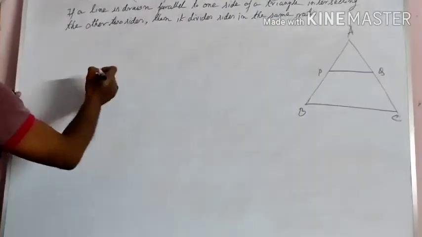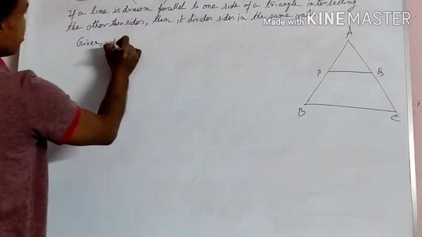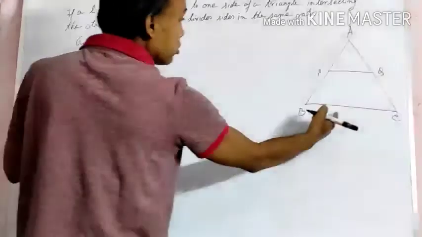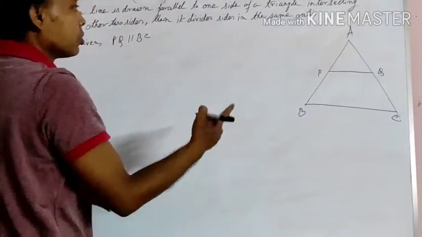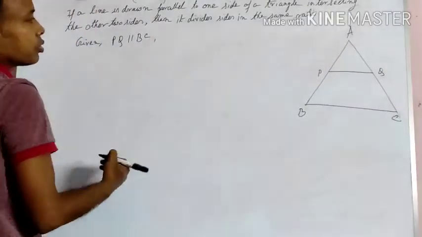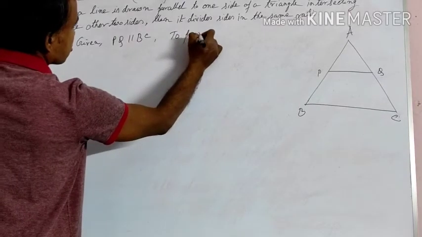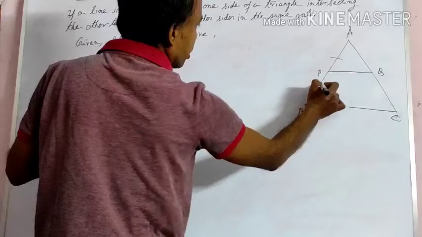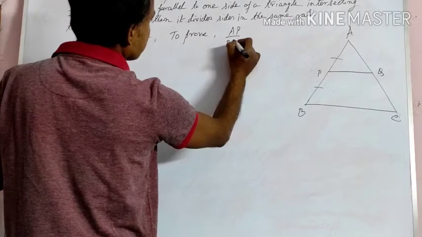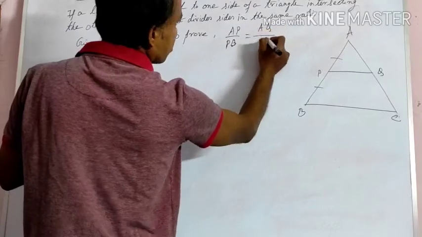Given: PQ parallel to BC, where BC is any side of the triangle ABC. You have to prove AP by PB is equal to AQ by QC.